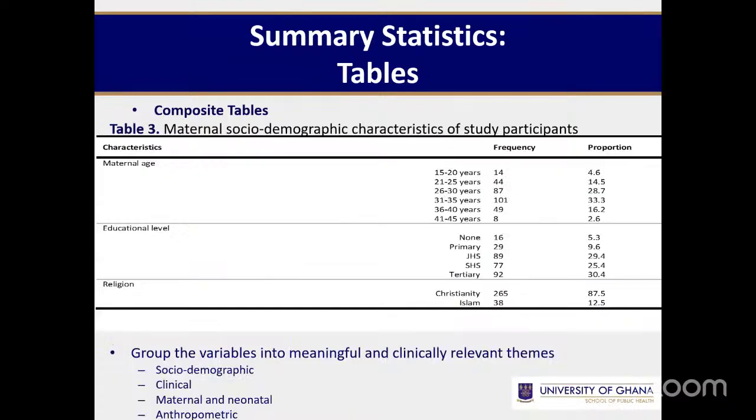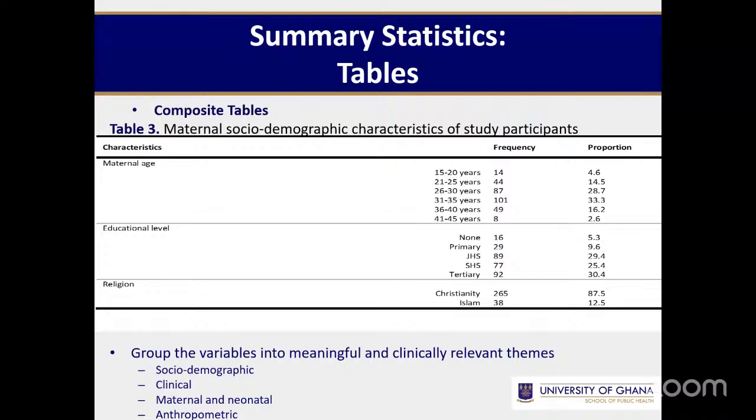The second type of table is what we call the composite table. In this composite table, you are looking at having more than one characteristic in the table as rows. So in the example we have in table 3 here, we are looking at the maternal socio-demographic characteristics of study participants.